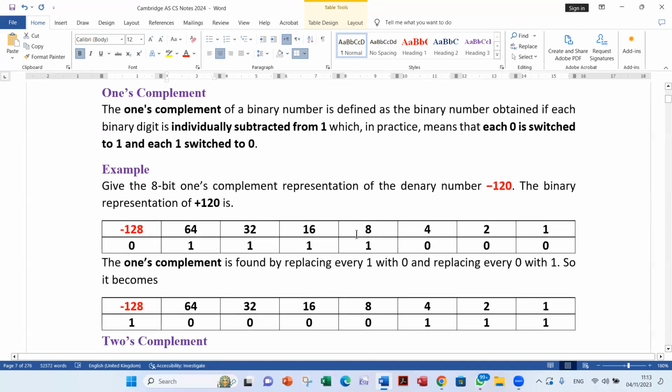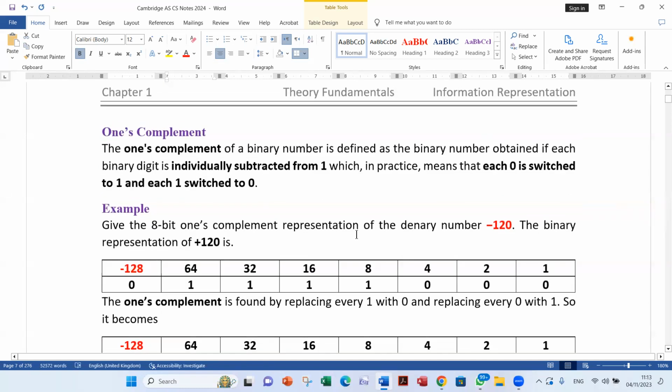So you already know what a 2's complement is. However, in the AS, I also need to teach what a 1's complement is. This is all towards representing positive and negative numbers.